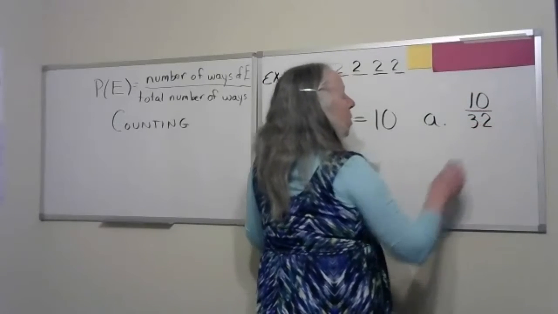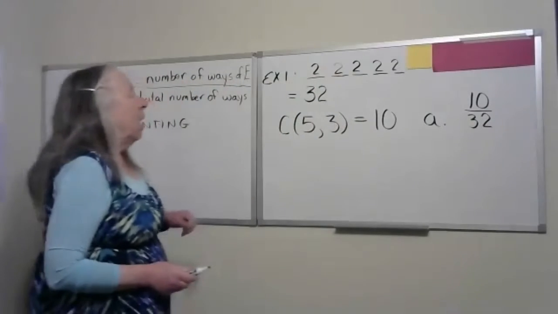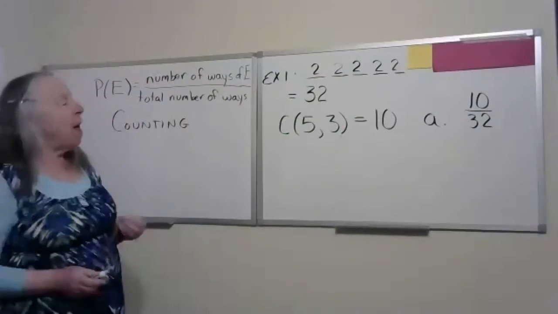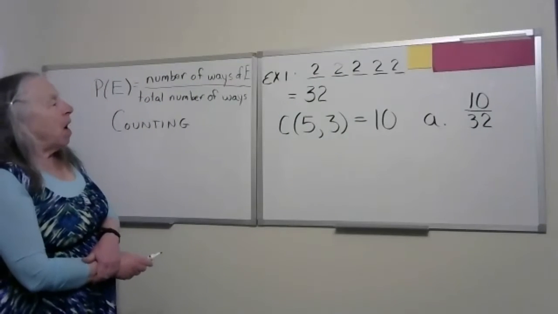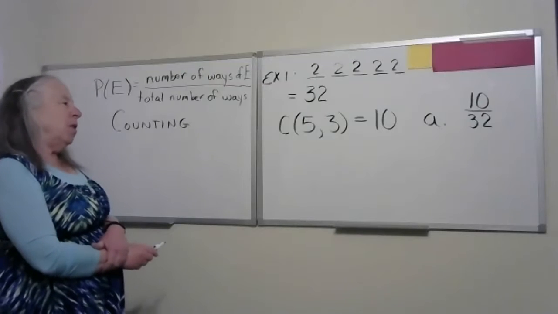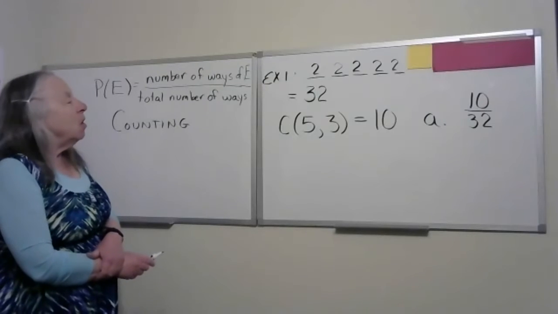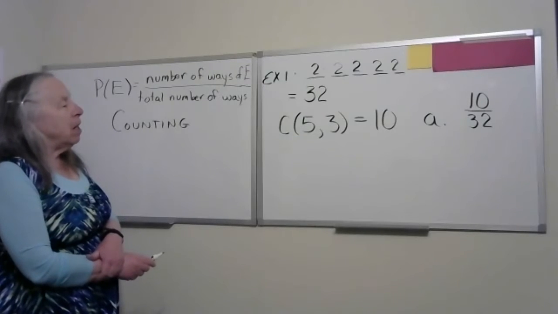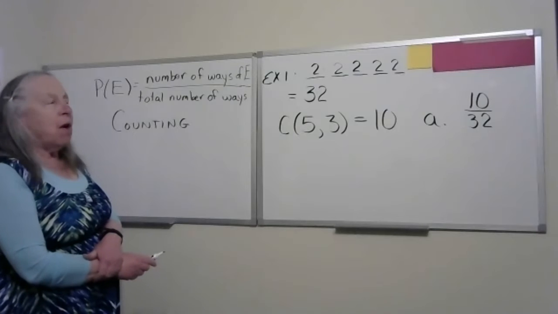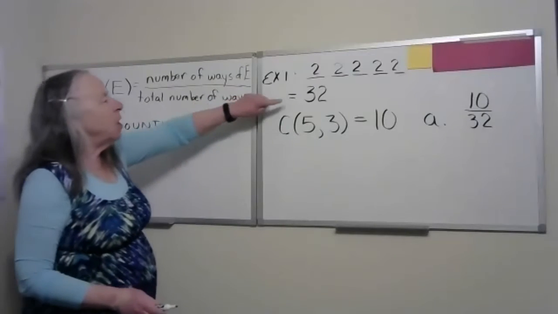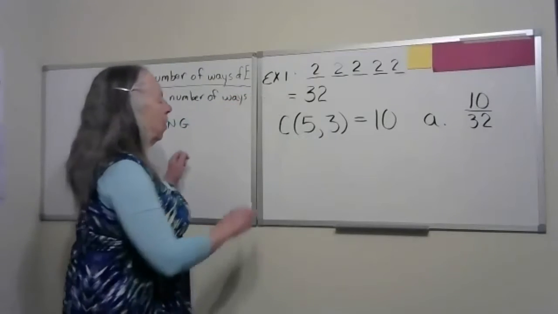over 32. Now, we were kind of debating whether this is correct. If we do the calculation of all of our possibilities, they should add up to 32.